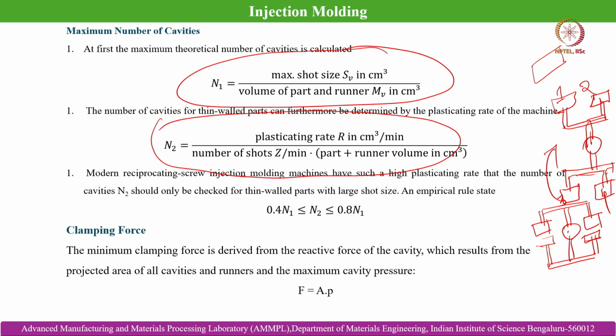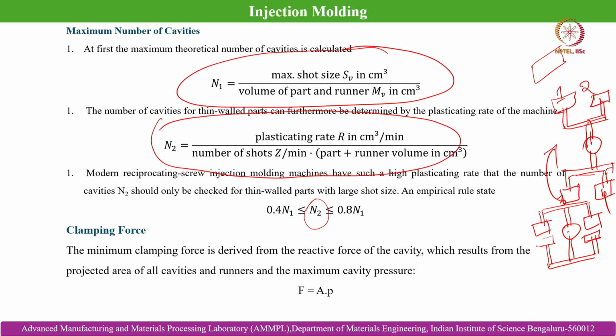This N2 parameter only needs to be checked for where it lies compared to N1, the maximum possible, and this is what is actually possible in practice in a realistic manner. It needs to be checked in case of thin walled parts only, and is not needed for thick walled parts.